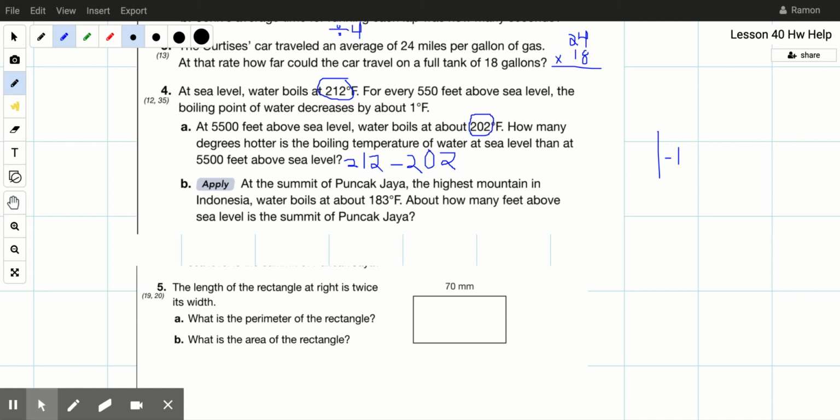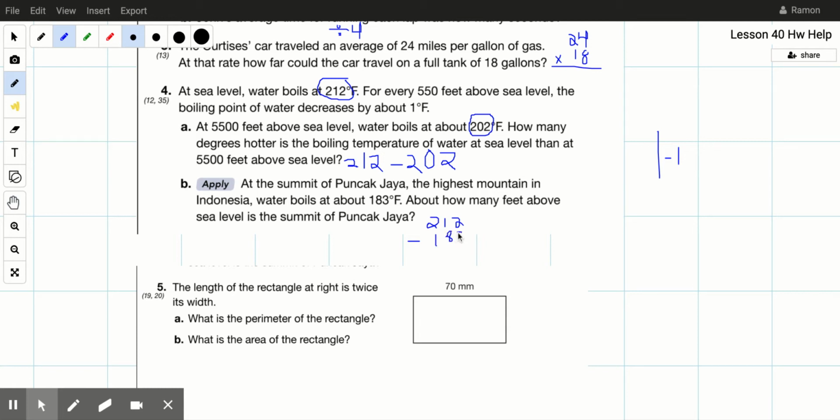Now, for B, at the summit of Puncak Jaya, the highest mountain in Indonesia, water boils at about 183 degrees Fahrenheit. About how many feet above sea level is the summit? So this is a multi-step problem because the first thing you have to do is figure out what the difference in degrees is, right?